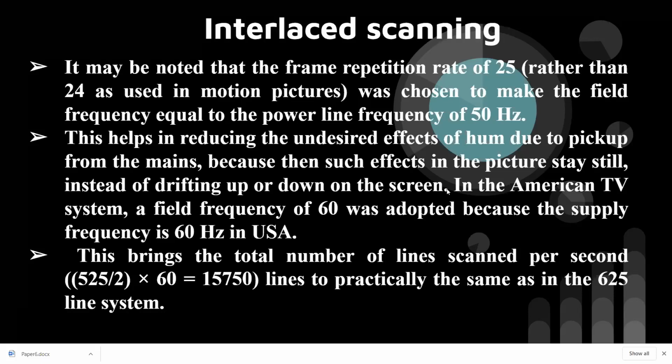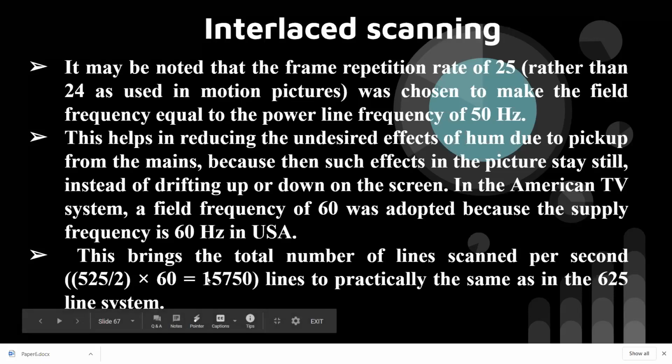The American TV system adopted 60 Hz. This brings the total number of lines scanned per second to 525 by 2 into 60, so you get a 625 line system.